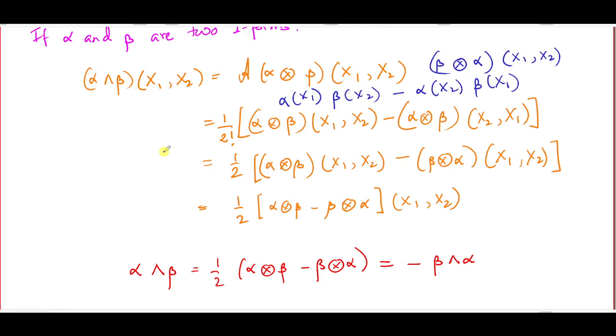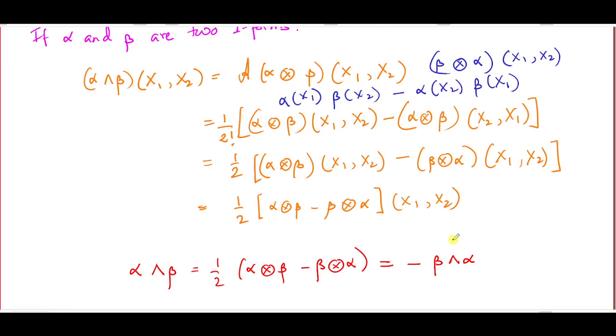For two 1 forms, alpha wedge beta is basically half of alpha tensor product with beta minus beta tensor product with alpha. And from this expression it's obvious that if you were to interchange alpha and beta here, that is, write beta wedge alpha instead of alpha wedge beta, you are going to get an overall minus sign. So alpha wedge beta is the negative of beta wedge alpha. So this is an example of a situation where the two forms anti-commute.